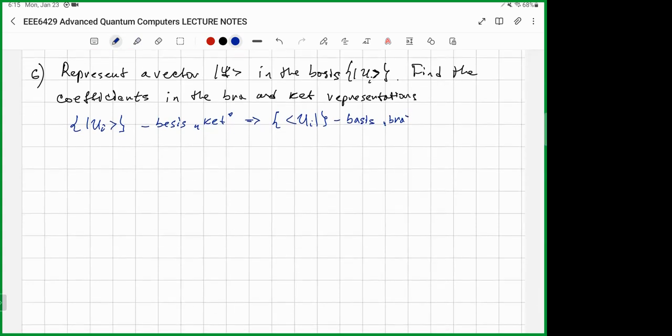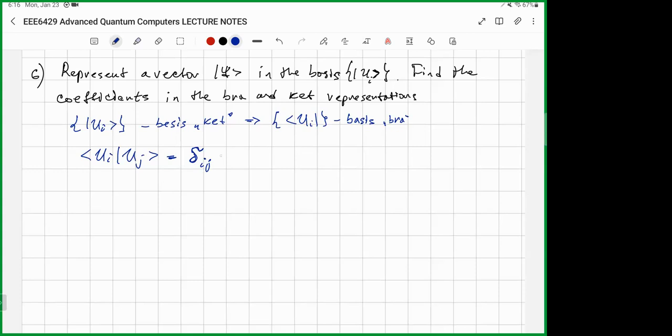And since this is a basis, that means that all the vectors are orthonormal, which means the product of vector i times vector j, right? And i and j any number from this set, and the result will be equal to what? The Kronecker's delta ij.